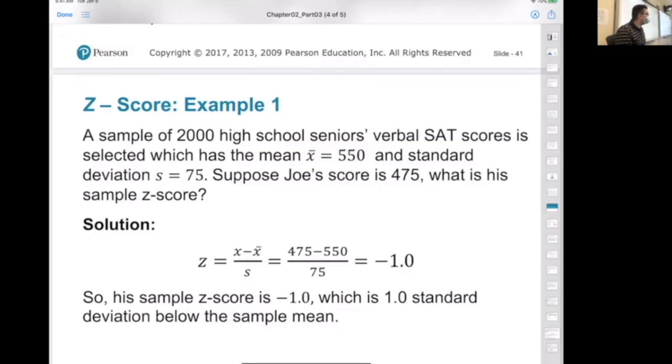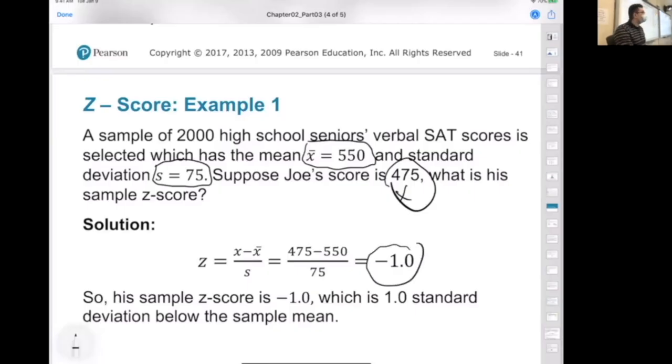So the sample z-score, as I said to you, is X minus X bar divided by S. So X here is equal to 475. We already have X bar and S, so we can calculate the score for this value, and it's -1. So what does -1 mean?